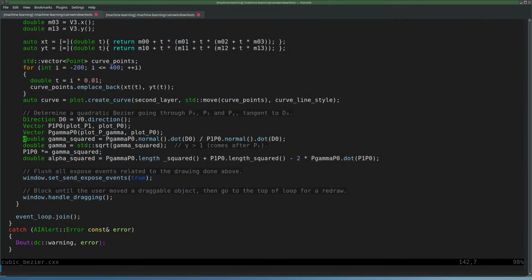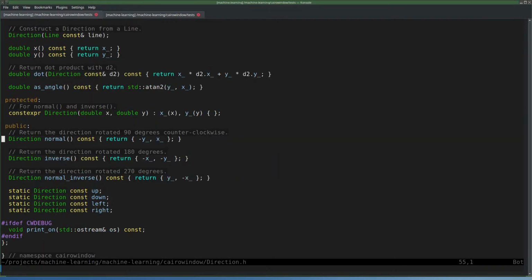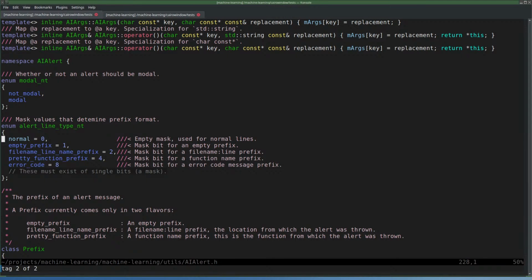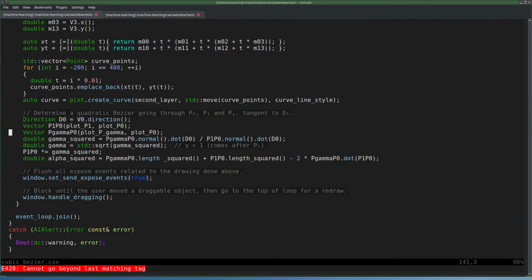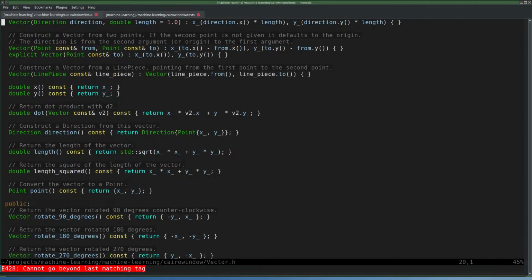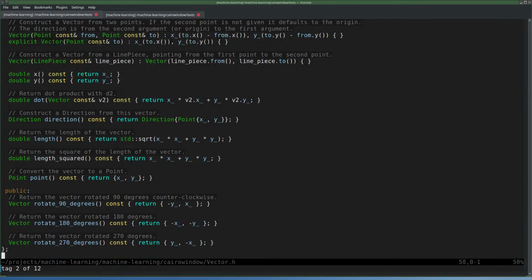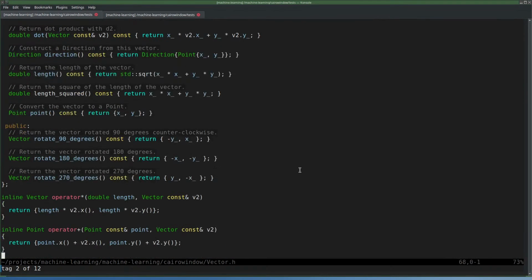What? It's kind of weird, of course. Yeah, I have a direction normal. My vector is called, and this would be the normal. Theta 90 degrees. Horrible. What a name.